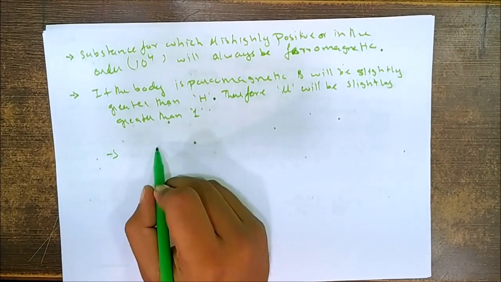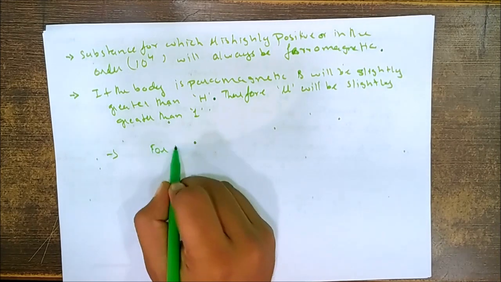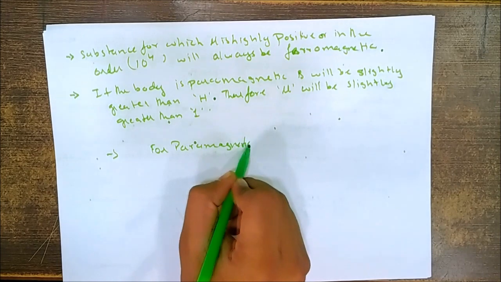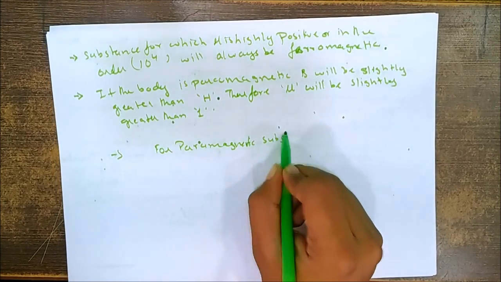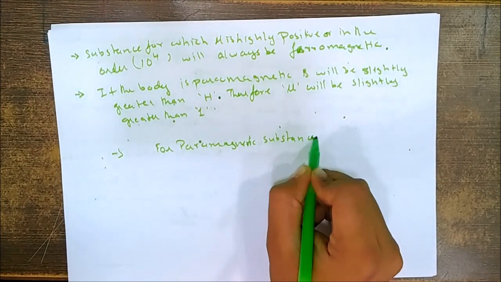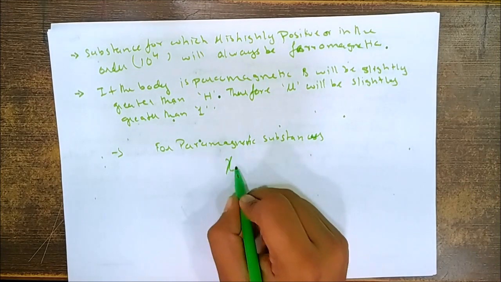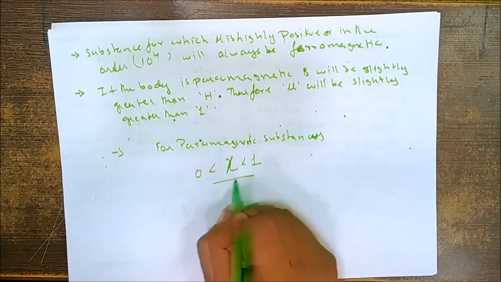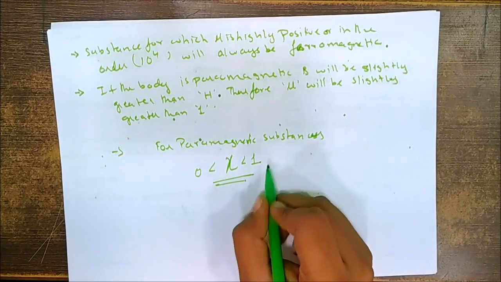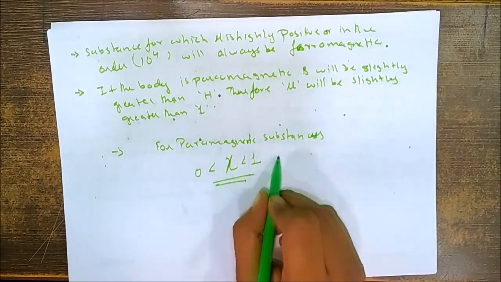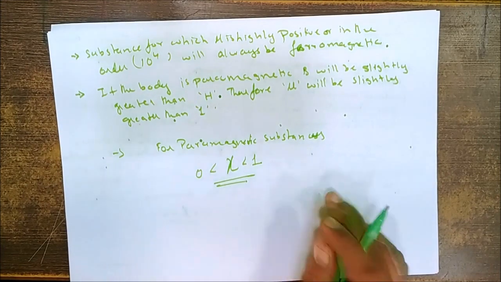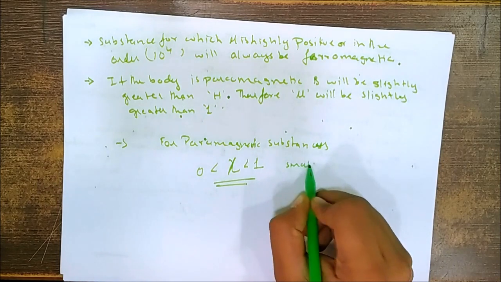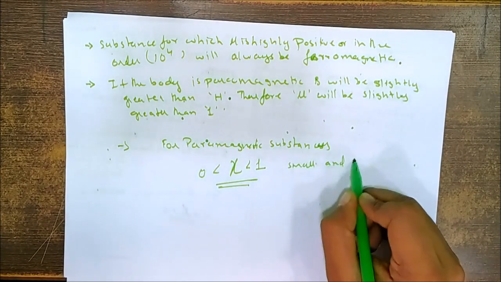Also, for paramagnetic substances, we have susceptibility between 0 and 1. That is, mu will be slightly greater than 1 and susceptibility will be slightly greater than 0 and positive. That means small and positive.